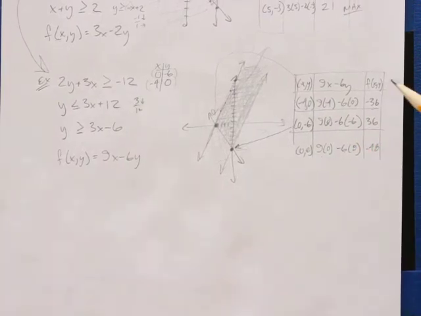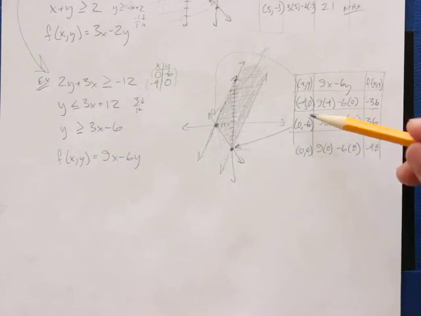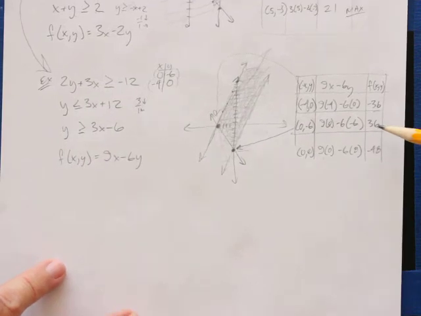Okay, so we should be able to use this information to decide which of these is a minimum or a maximum. Okay. 36 is greater than negative 36. So based on these two, this would be a max, right? Negative 36 is less than 36. So based on these two, this would be a min.